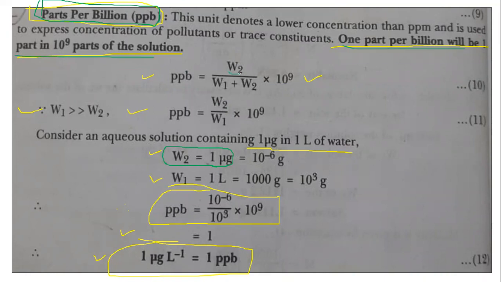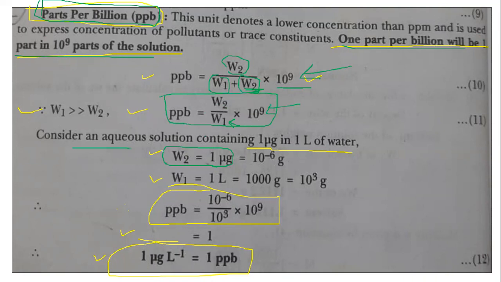W2 is our solute, and W1 is the weight of solvent, into 10 raised to 9, that is a billion value. As we know that W2 is very less in number, therefore in the denominator we are considering only W1. So 1 ppb is equal to W2 upon W1 into 10 raised to 9. In the ppm it was 10 raised to 6, and here in the ppb it's 10 raised to 9.